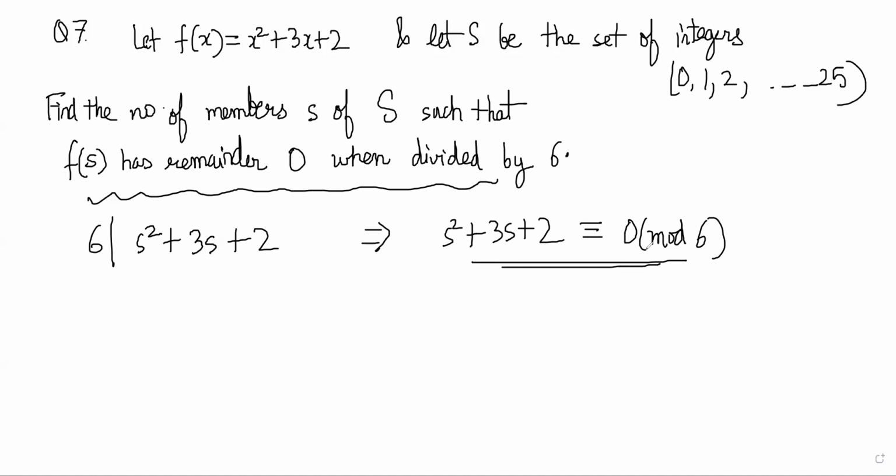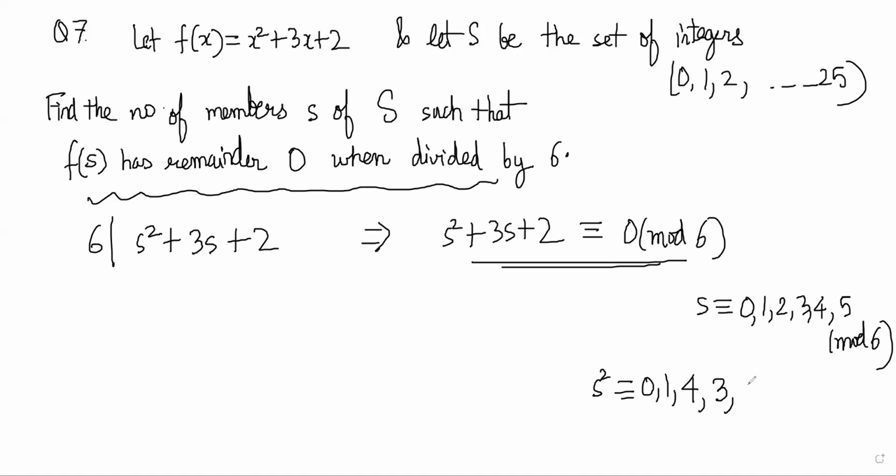So you can say that s could be basically 0 or 1 or 2 or 3 or 4 or 5 mod 6. And obviously s square will be 0, 1, 4, 9 becomes a 3, 16 becomes a 4, and 5 becomes a 1.